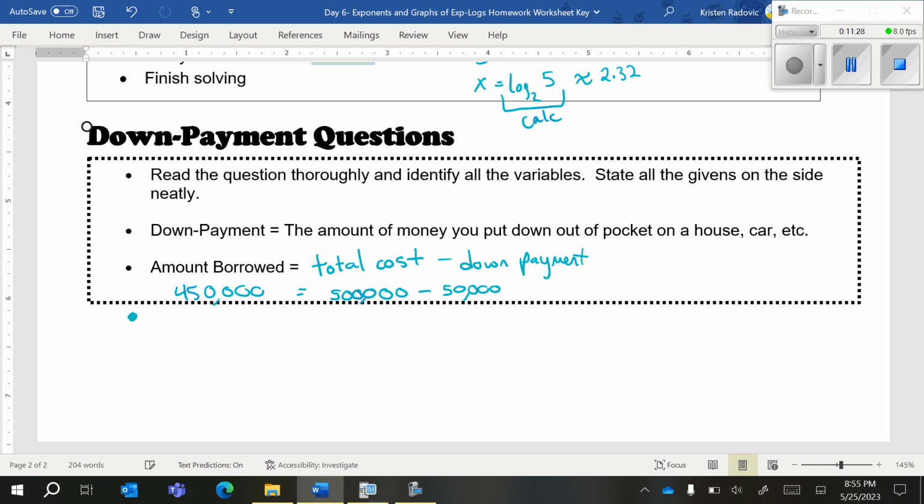Also, you make monthly payments. So you have 12 payments a year. In other words, if you have 6 years times 12 payments a year, that means that your total amount would be 6 times 12.